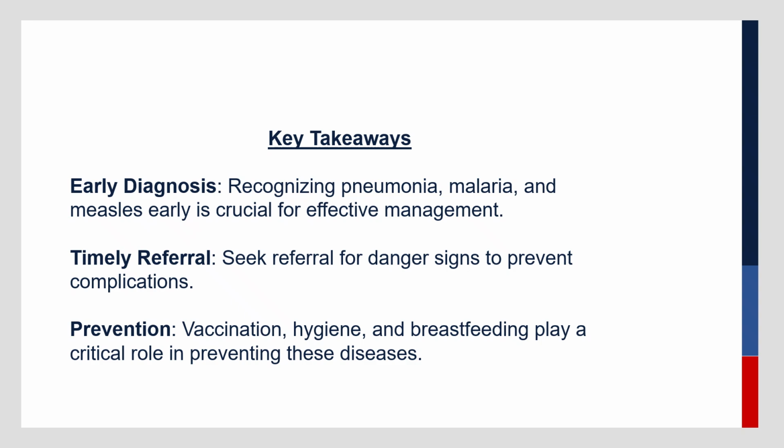You should know what the danger signs are and when you can refer the child. This will prevent complications. And thirdly, the most important thing, prevention is better than cure. Whenever a vaccination is available, do offer it to the child. And hygiene and breastfeeding are extremely important in preventing these diseases.